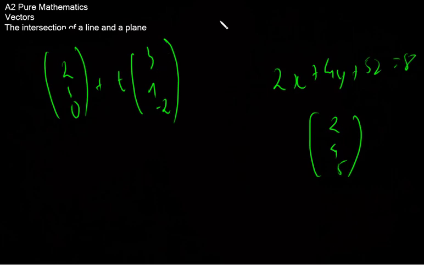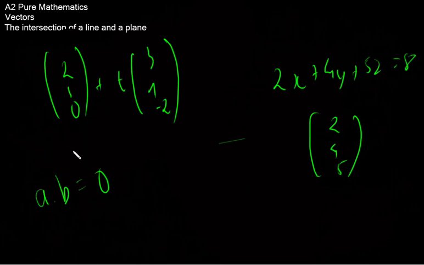If the line is parallel to the plane, then the line must be perpendicular to this normal. Let's see if these two are perpendicular. If they are perpendicular, their scalar product must be equal to 0, in order for cos theta to be equal to 90.